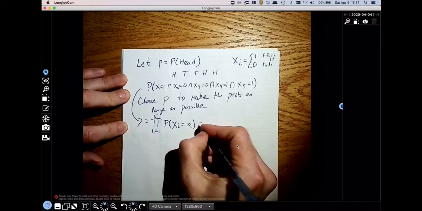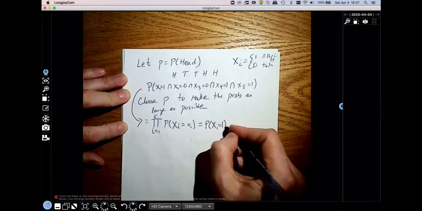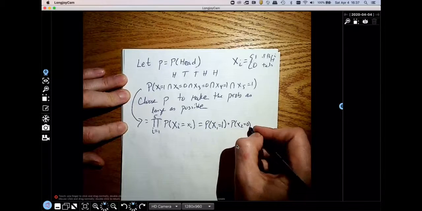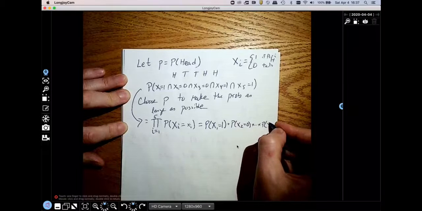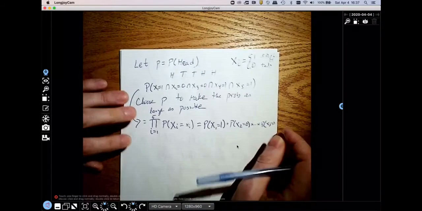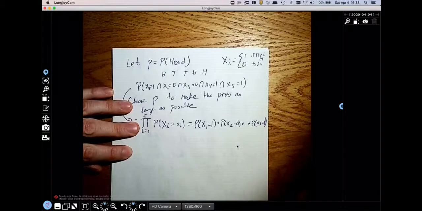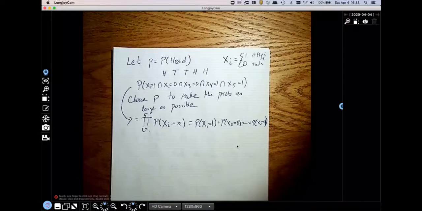If you want to write this all out, it's the probability that x1 equals 1 times the probability that x2 equals 0 times ... times the probability that x5 equals 1. Let's write that as neatly as I can at the end of the page here. We're just going to compute the product there. We're going to call that the likelihood.